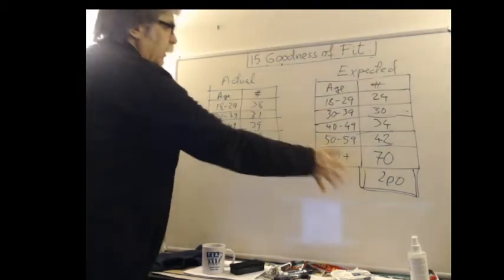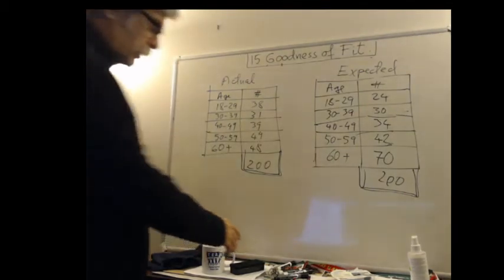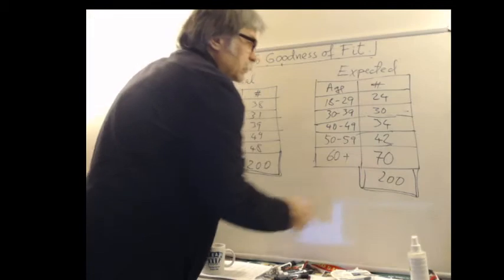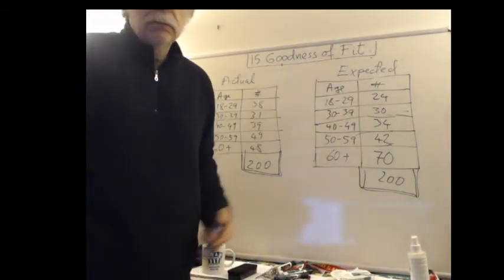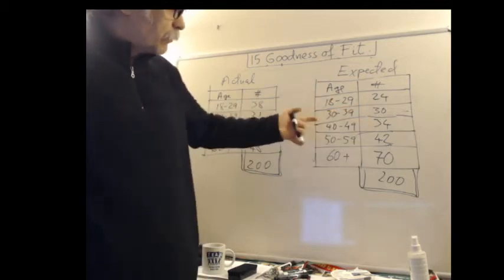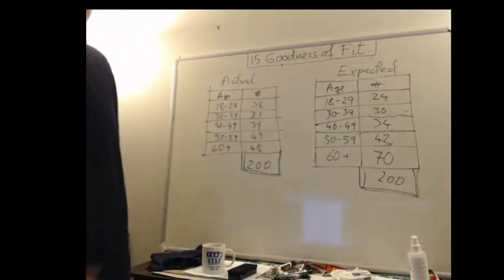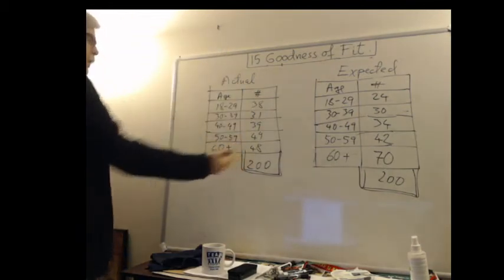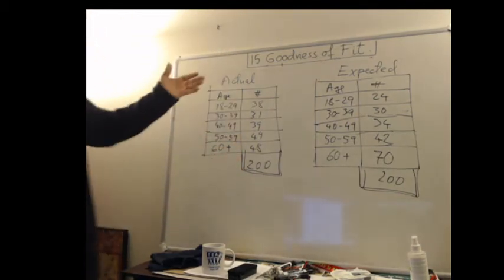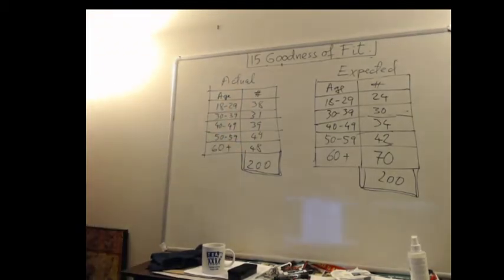This is what the likely voters should look like. If you have 200 likely voters, you should have 24 from this age group, 30 from this age group, 34 from this age group, 42 from this age group, and 70 from this age group. But you don't have that. You give me this, which is very different, and I have too many young people and too few old people. Okay? So I'm kind of having a problem here.